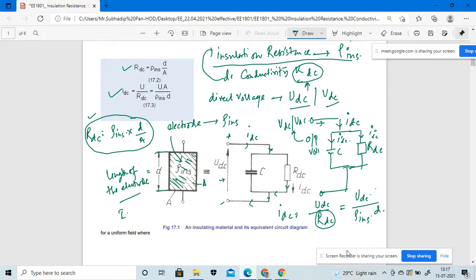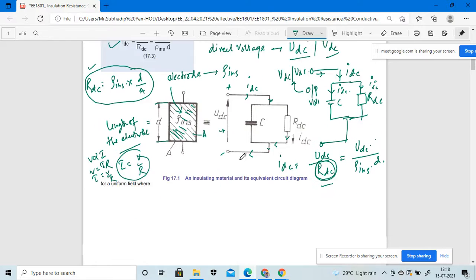That means using this formula, I is equal to V by R, Ohm's law. V is directly proportional to I, then V is equal to IR, then I is equal to V by R. According to Ohm's law, we are defining the equation like this. So if I put the value of RDC, what will be my IDC?